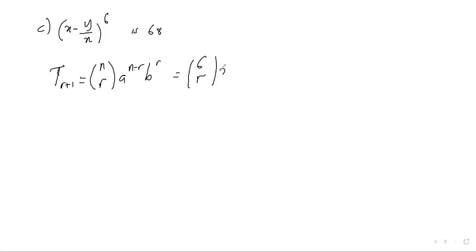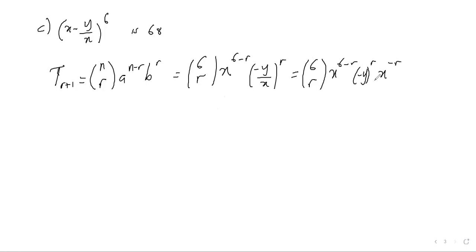Where there's a, we have x to the power 6 minus r, and then we have (minus y over x) to the power r. Now we are talking about x, so we should put the x's together. Write this as x power 6 minus r, minus y power r, and then x power minus r, because x is coming from the denominator.